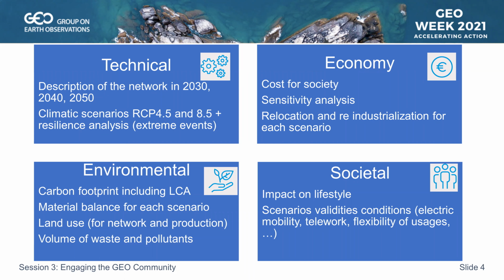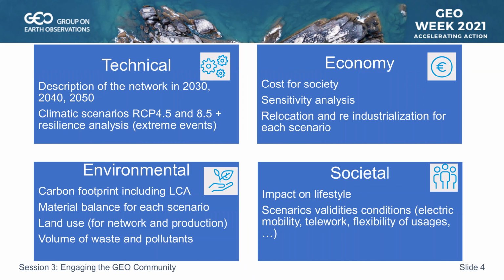An environmental aspect in terms of carbon footprint of all the solutions and all the scenarios that have been proposed, and also the material balance, the land use, waste and pollutant volume. And finally, a societal aspect in terms of impact on lifestyle and also scenario validity conditions in terms of mobility, telework, flexibility of usage, etc.